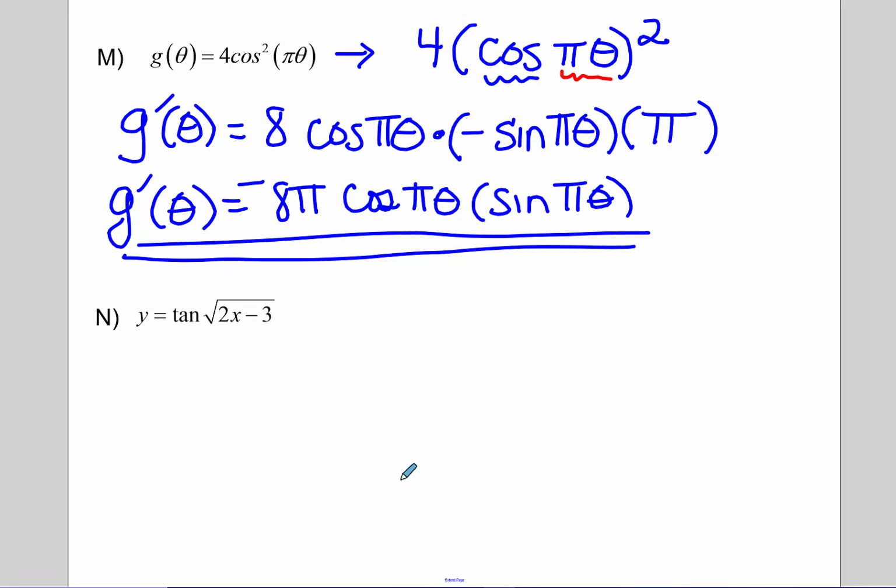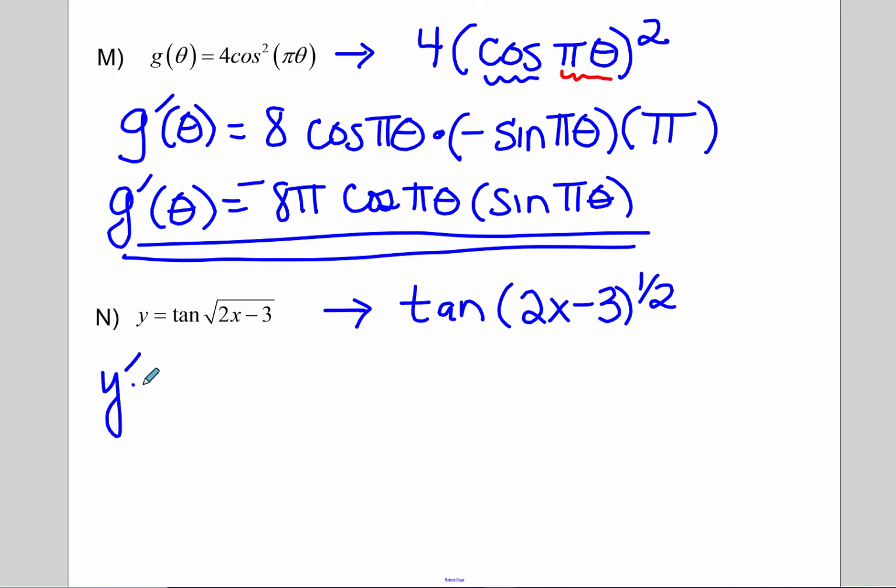And then here, one last time, let's rewrite this to look like tangent of 2x minus 3 to the 1/2 power. So our derivative for tangent is secant squared, and we don't want to change that inside function, 2x minus 3 to the 1/2 power.